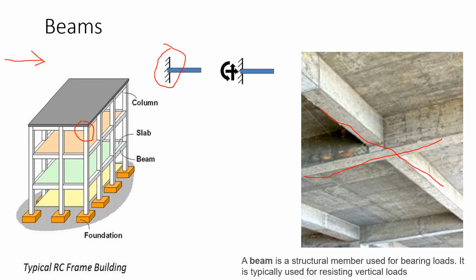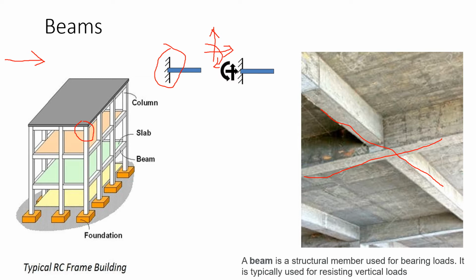One is in the horizontal direction, called horizontal deformation. Second one is vertical deformation, and third one is rotation. So each joint is subjected to these three basic deformations.